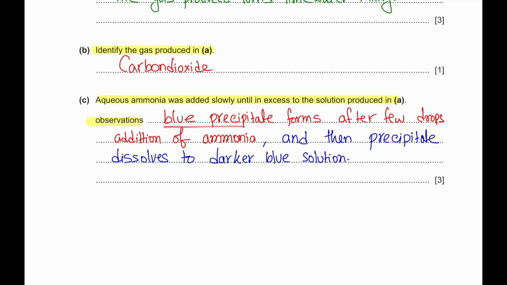So a blue precipitate forms after a few drops of addition of ammonia, and then the precipitate dissolves to give a darker blue solution in excess ammonia.